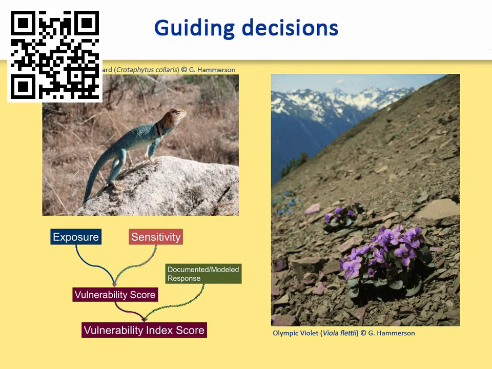For example, we are now evaluating the vulnerability of species to climate change via the Climate Change Vulnerability Index, developing predictive distribution maps for the most imperiled species, and using an ecological integrity assessment method for evaluating the effectiveness of conservation actions.